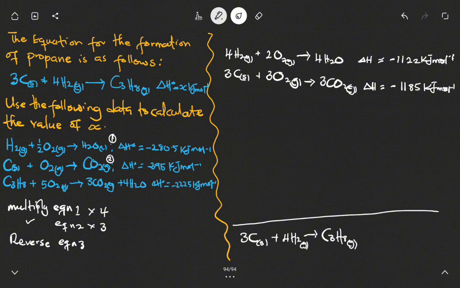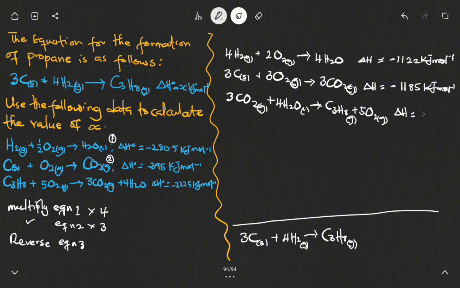So when we reverse that, we are going to have 3 moles of CO2 gas, and then we'll have 4 moles of H2O liquid, and this is giving us C3H8 propane plus 5 moles of oxygen gas, and so the enthalpy change is also going to be reversed.